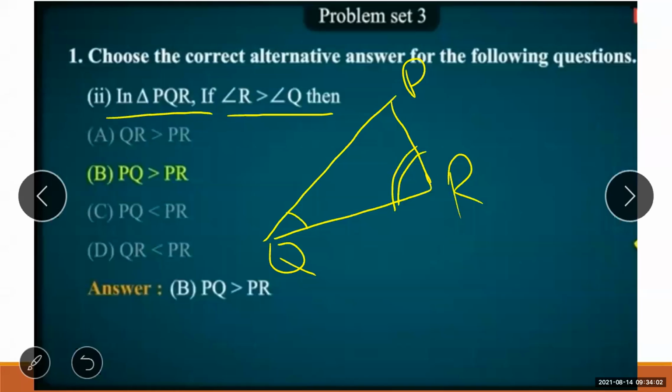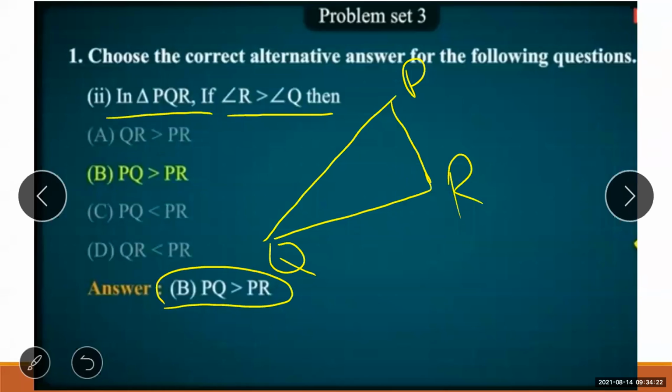So in this case, regarding their sides, which will be the correct one? Okay, the answer is given here, and let's check it.